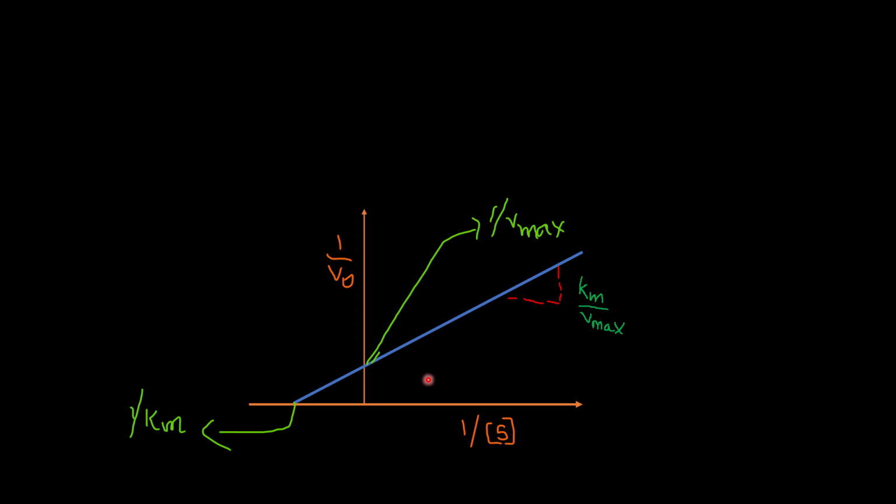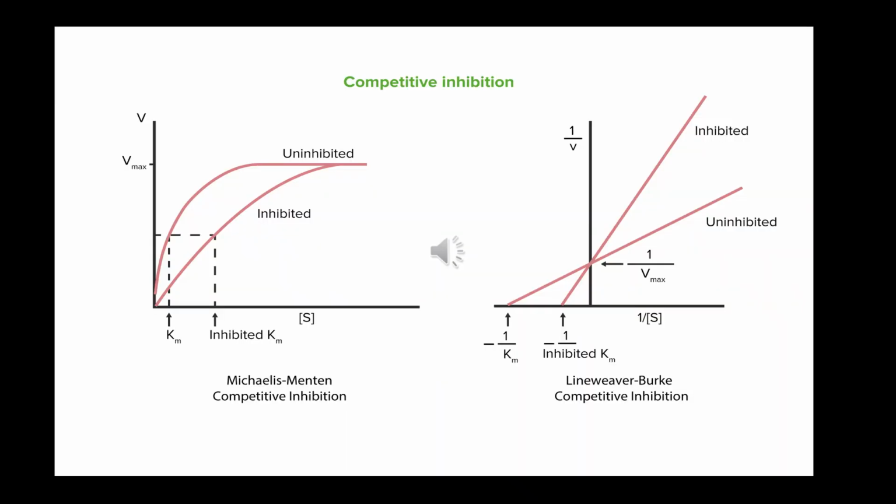This is the Lineweaver-Burk plot. This is a comparison, the competitive inhibition graphs. The first one is the Michaelis Menten graph. In this graph we can see that the Vmax does not change in the presence of the competitive inhibitor, but the Km increases.